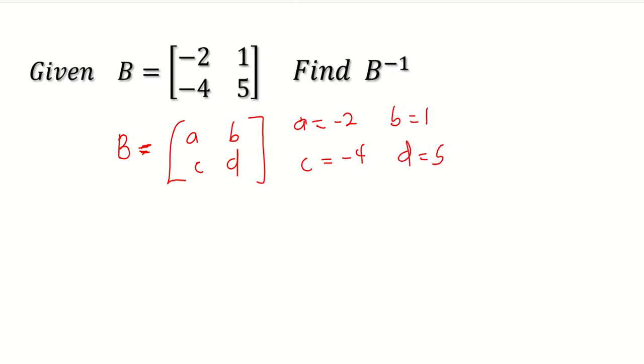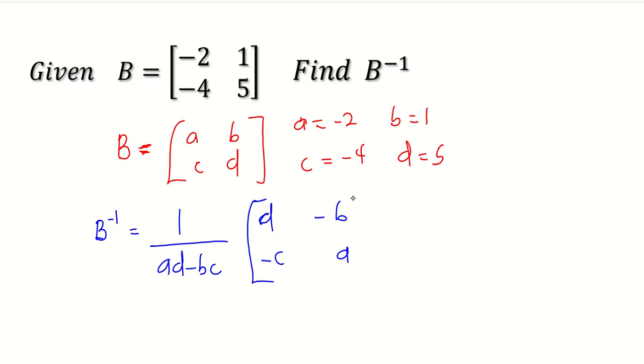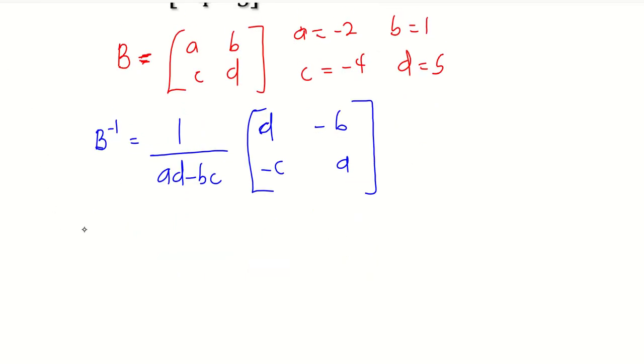Now the formula for B inverse can be written as B inverse is equal to 1 out of ad minus bc multiplied by d, minus b, minus c, a. Now with this, we just do substitution into the B inverse formula.